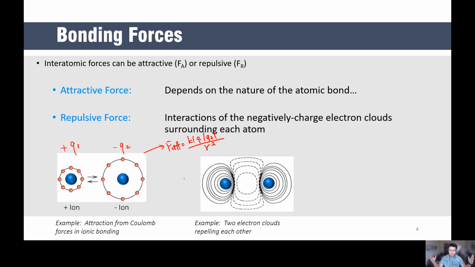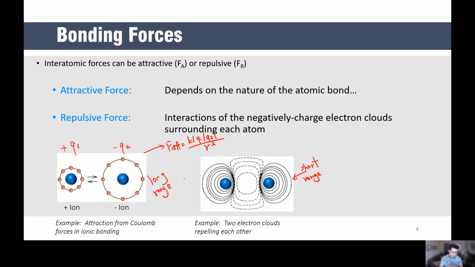But when the two atoms come closer together, the electron clouds start to interact, and since the electron clouds have similar charge, both negative, they will start to repel each other. The attraction is a long-range force, and the repulsion is a short-range force that will only happen when the electron clouds start to overlap.